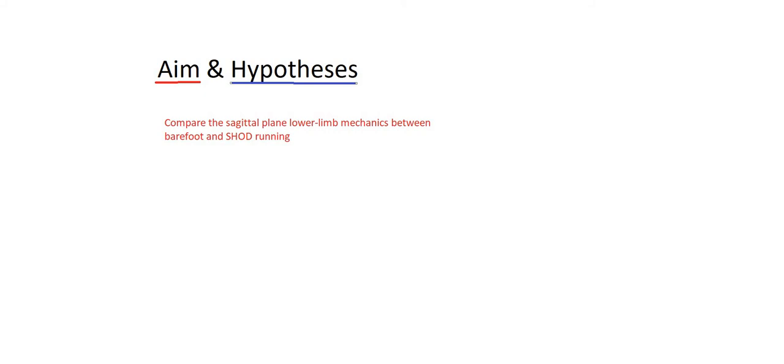So my null hypothesis might be, for the study which I've written up here, there will be no statistically significant difference between the sagittal plane kinetics and kinematics of the ankle, knee and hip between barefoot and shod runners. Something like that, something in that realm. Doesn't have to be that, obviously, but if you understand your aim, you have a better chance of producing a good quality report, because it's the foundation of your report.